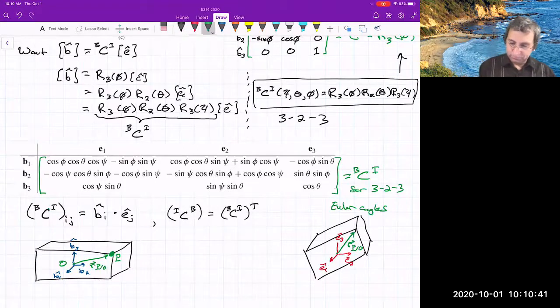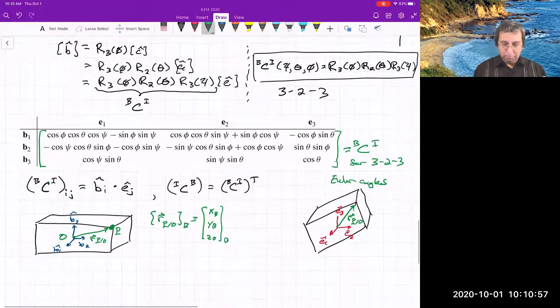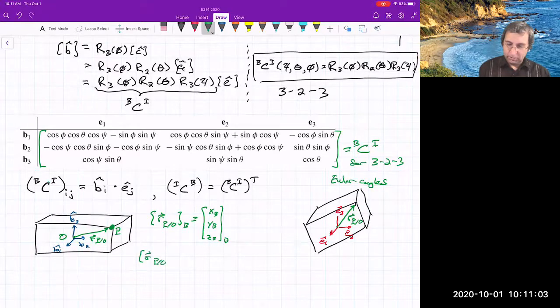Well, just like before, but now with three components, this thing would be, let's call it XB, YB, ZB. That's how it looks in the body fixed frame. But now when we go to the inertial frame, this will have components.